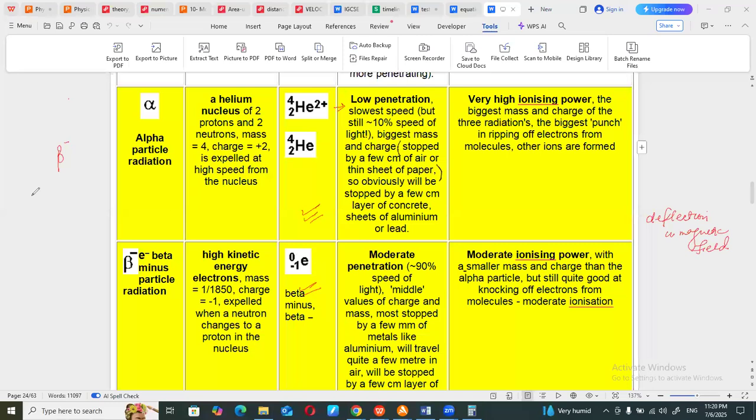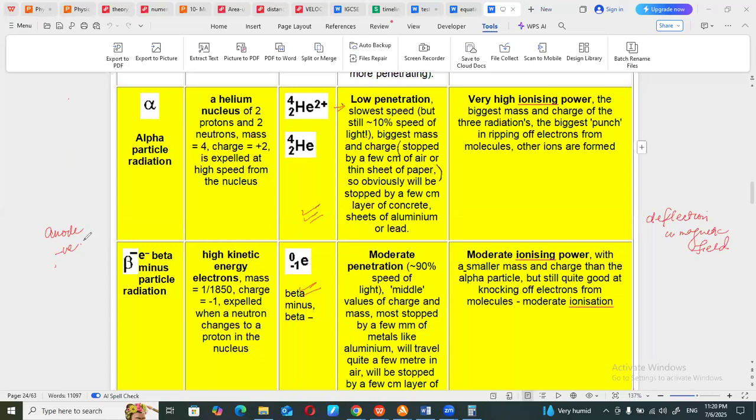Now, in an electric field, they are always turned towards the anode, which means they have negative charge. Next is speed. They are moving approximately at 90% the speed of light.